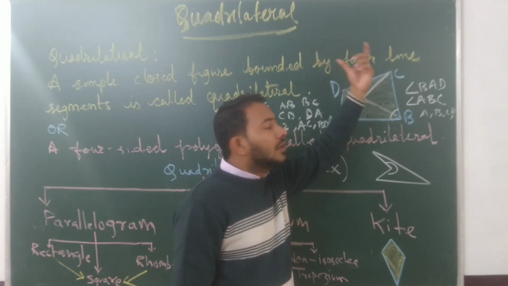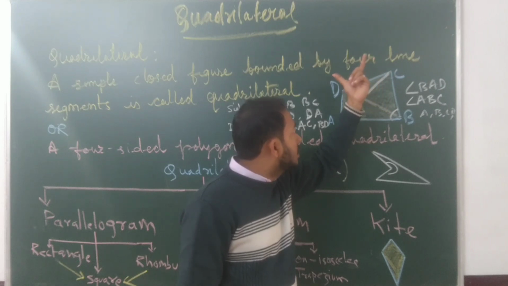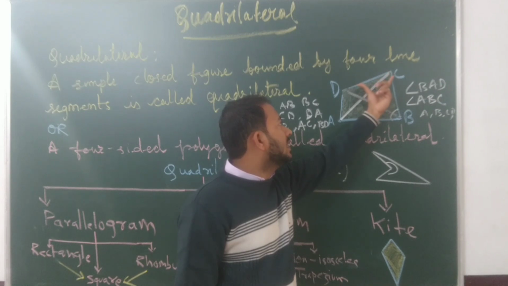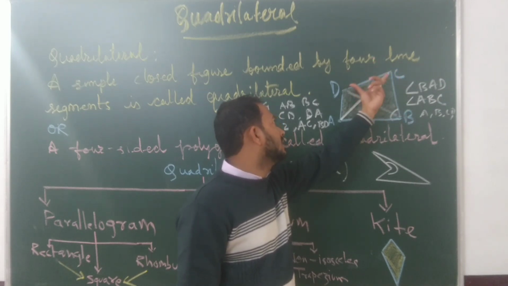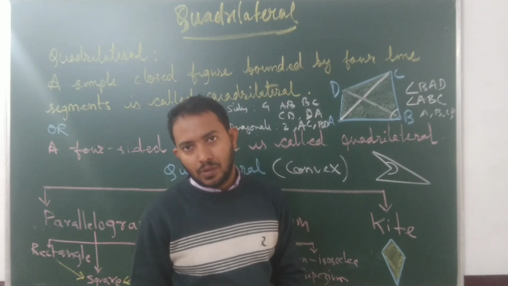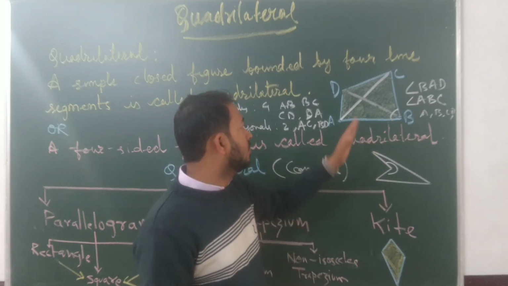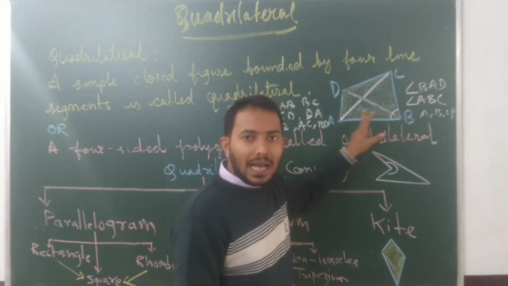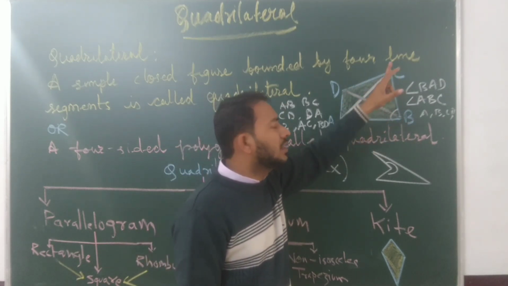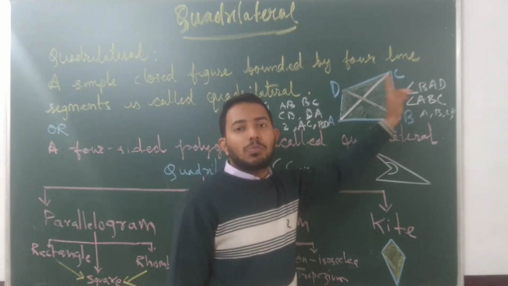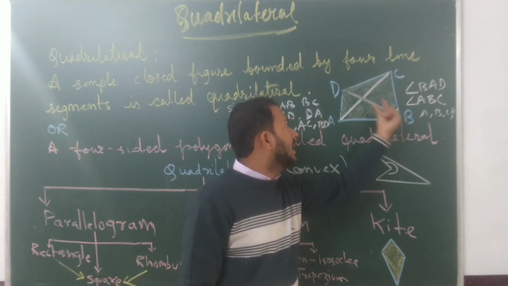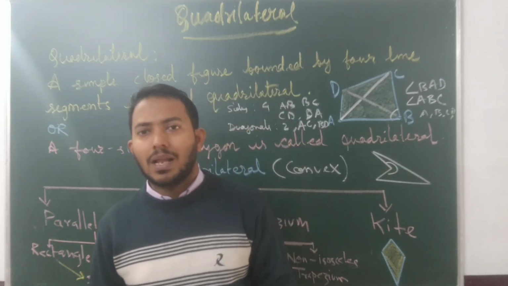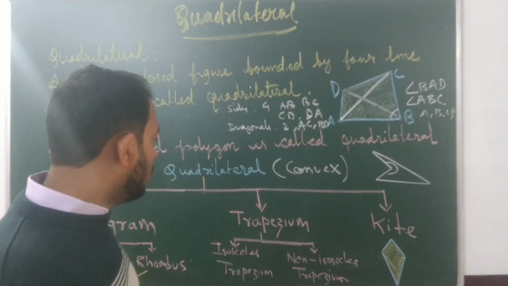If I ask what are the adjacent sides for CD, they are CB and DA. Similarly for angles, the adjacent angles for A are B and D. And C and A are opposite. Angle B and angle D are also opposite to each other. So we should know these terms. It will help us proceed for all types.